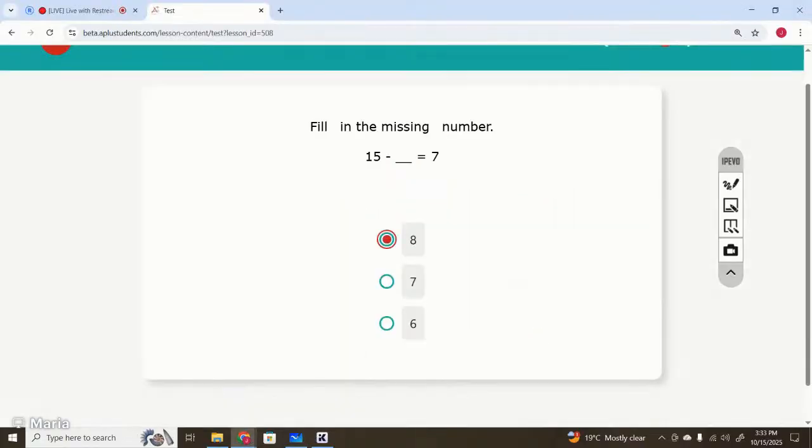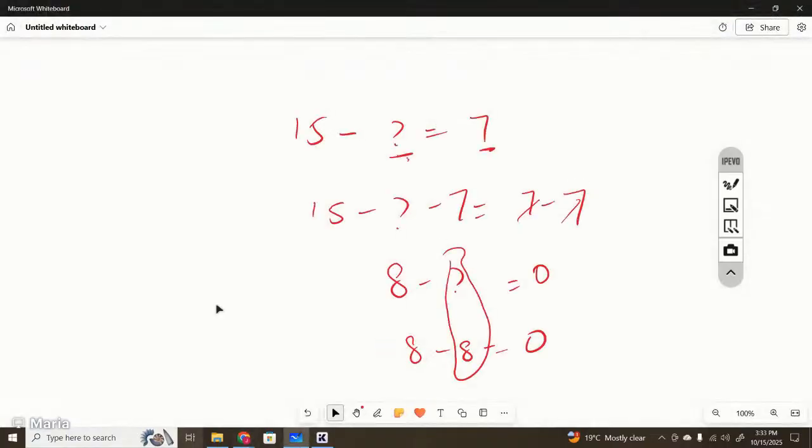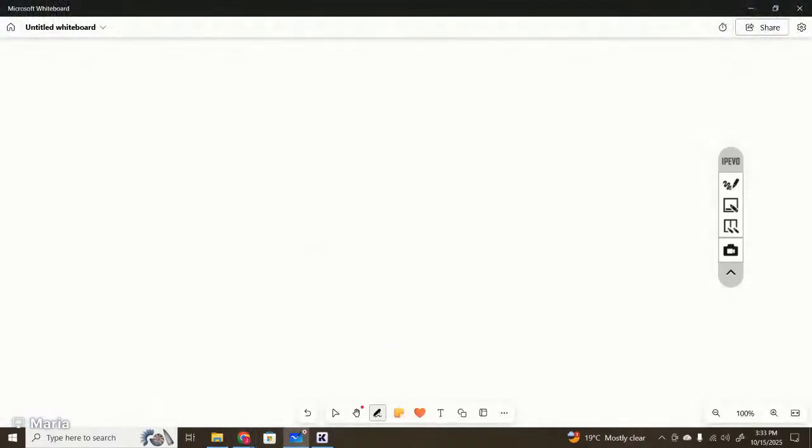So the missing number is 8. Fill in the missing number. Now you need to find a greater number, right? So when you need to find a greater number, you need to add. Missing number minus 5 equals 7.